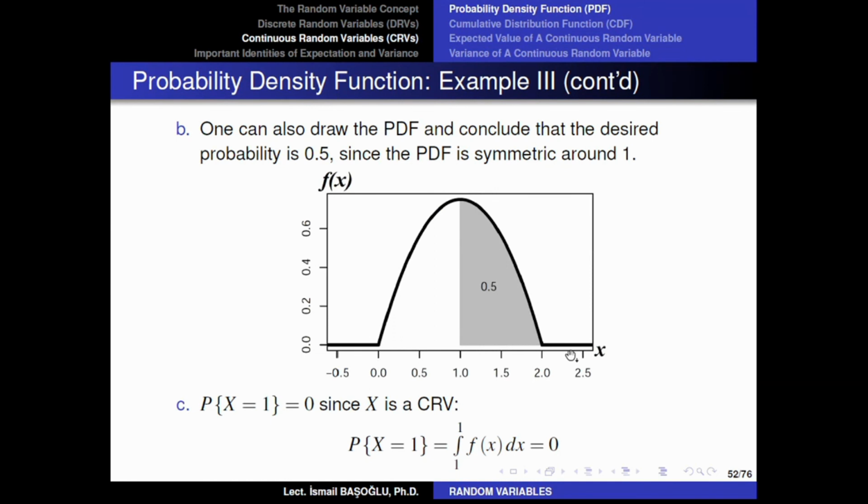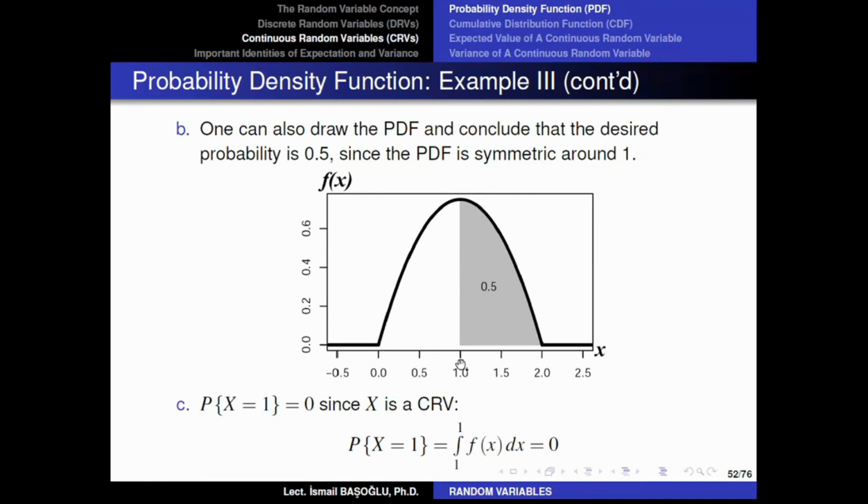When you draw that function, you will easily see that it is a quadratic function, a second order polynomial function, between 0 and 2. Anywhere else, the function is 0. The question is asking for the probability that x is greater than 1, which is the area under the PDF on the right-hand side of the value 1, which is 0.5. Why? Because the function here is symmetric around 1.